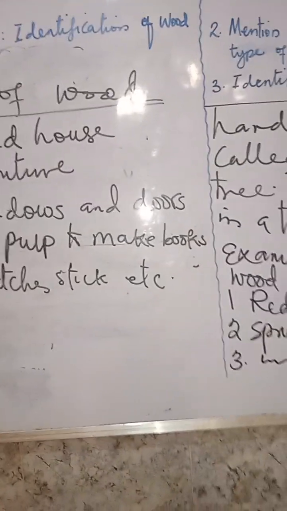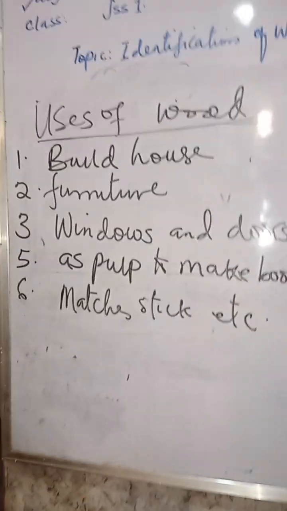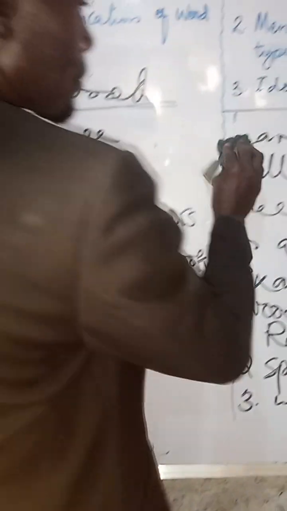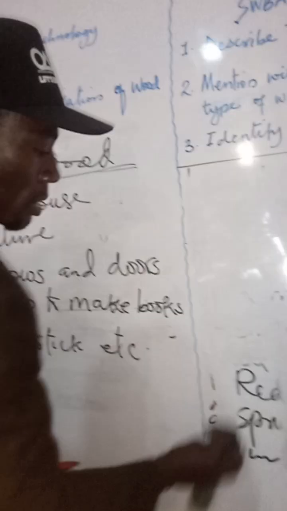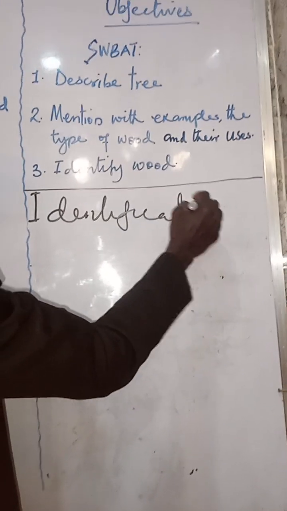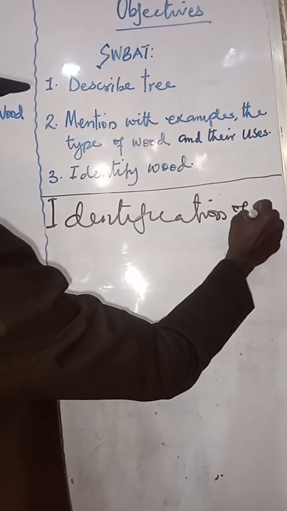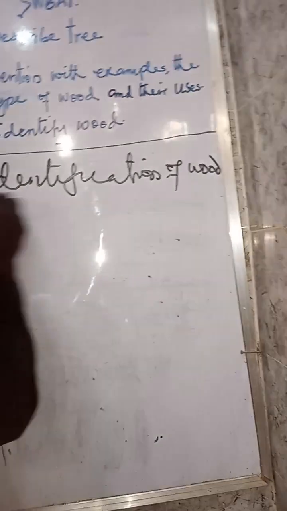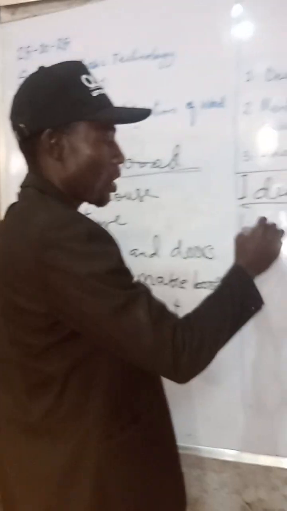That taking? Yes. Now let's look at how we can identify wood. Identification of wood. We can identify wood by their color.